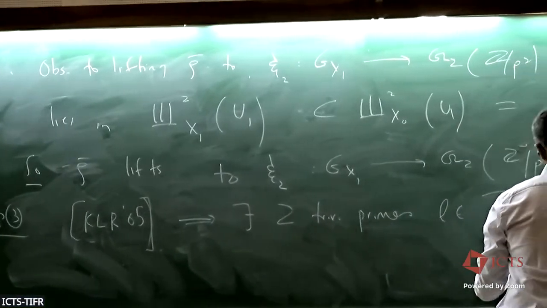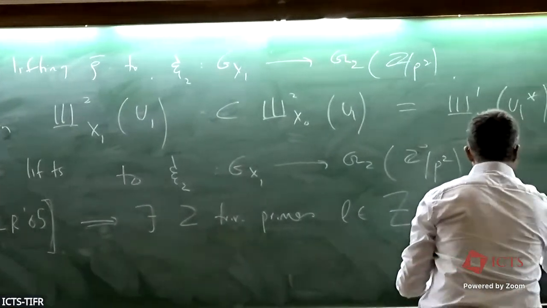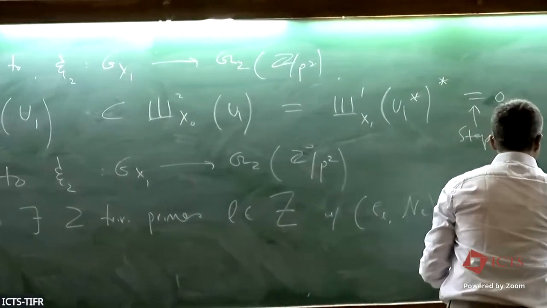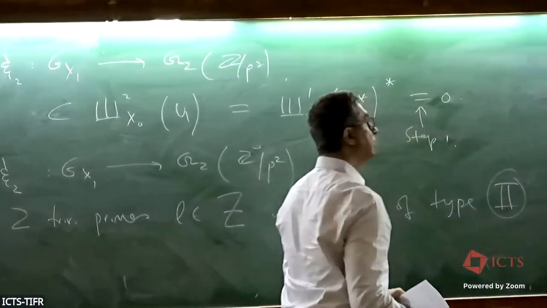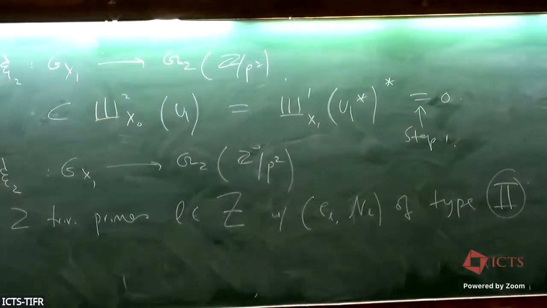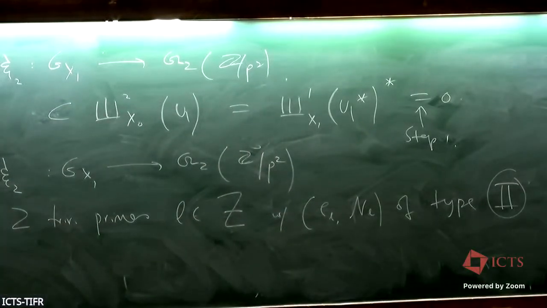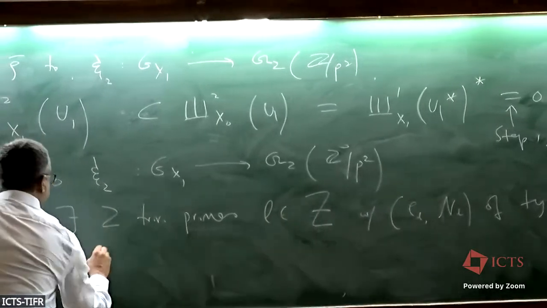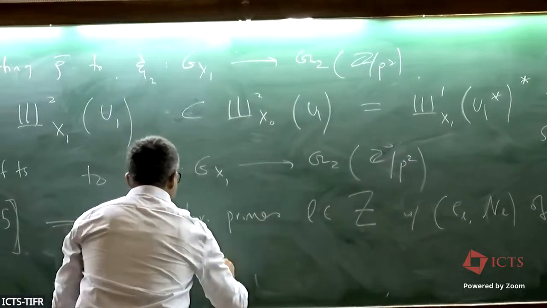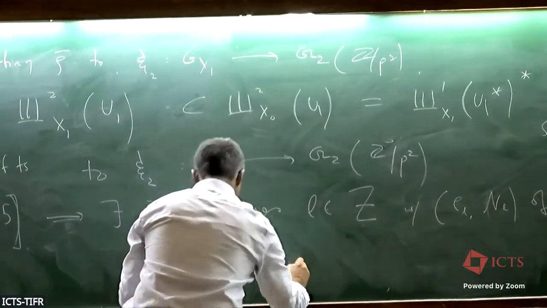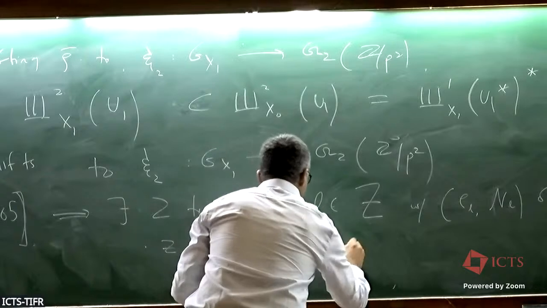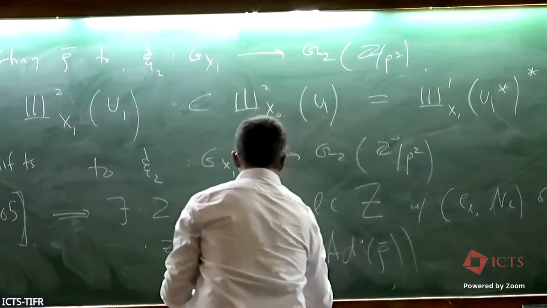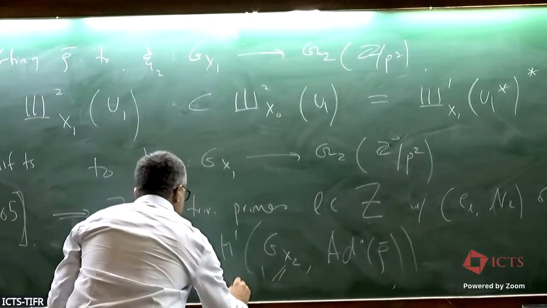So now they take C_L and N_L of type 2. Type 2 hadn't shown up yet. So some deformation conditions, but they're of type 2. And there's also a global cohomology class H1, G_X2, ad 0 rho bar, where this X2 is X1 union these two primes.